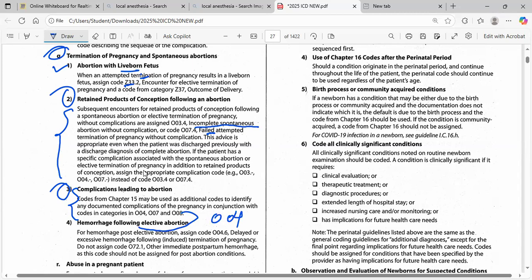So for hemorrhage after an elective abortion, we are going to use a code from O04.6 instead of O72. When can you use O72? When there is bleeding after the delivery. If there is bleeding after the delivery, we are going to use O72.1. But if there is any bleeding after an elective abortion, you are going to use a code from series O04.